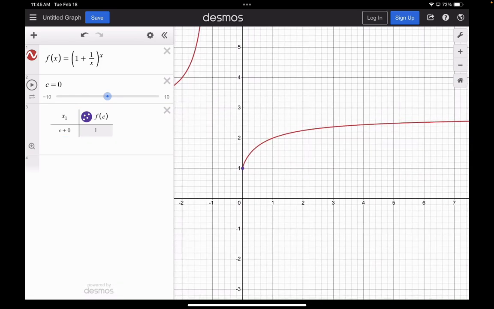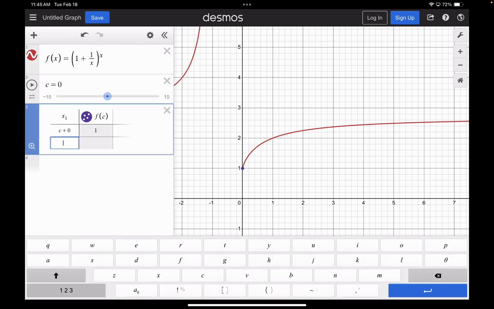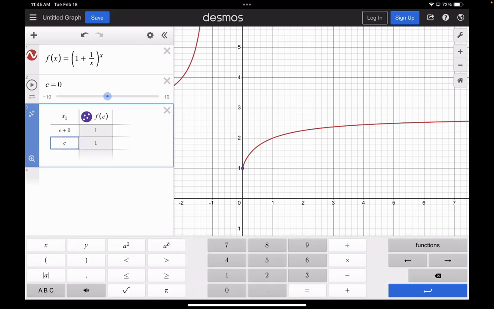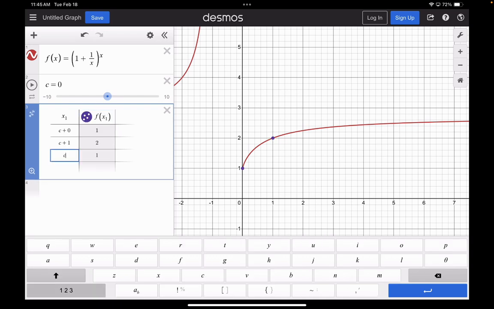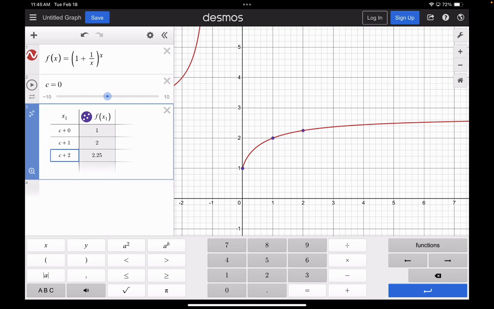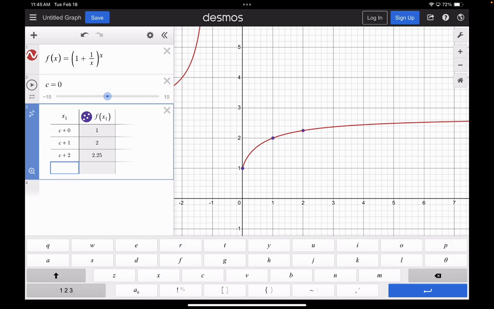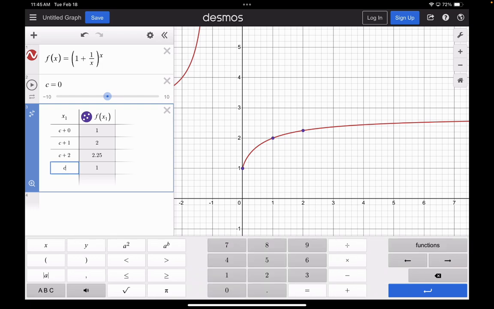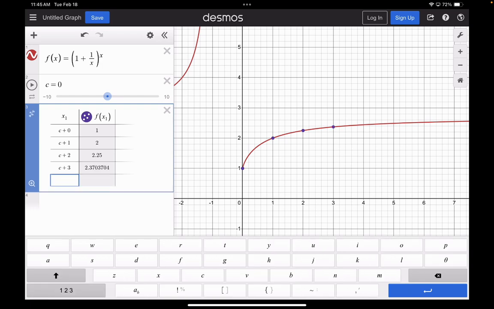There's the point. And then for my table, I'm going to say c plus 1. Oh, that should be f of x1. And then c plus 2, and then c plus 3, and then c plus 4, and that's enough.